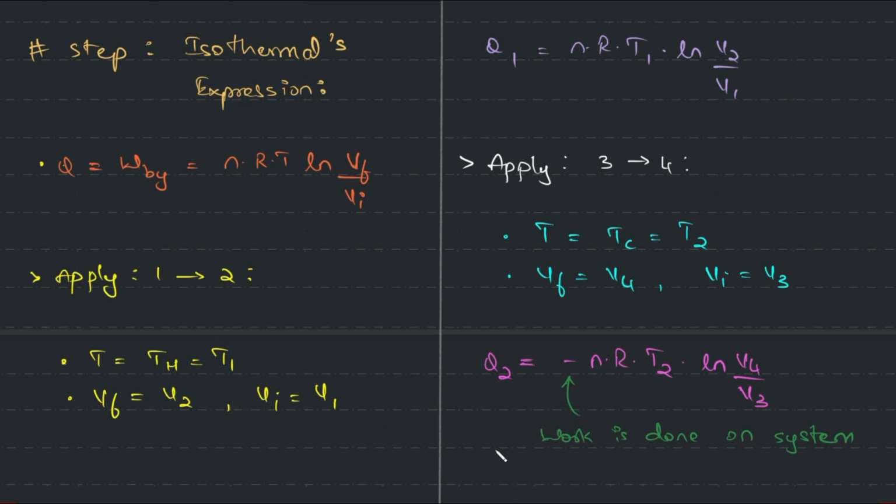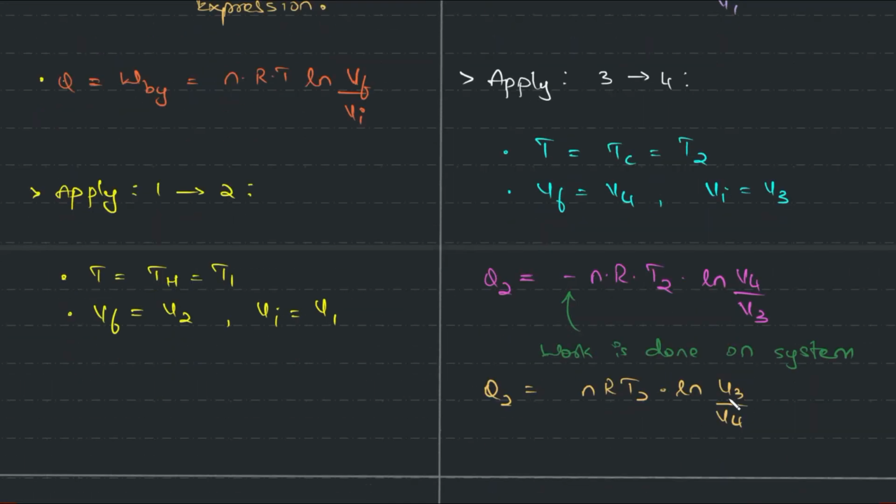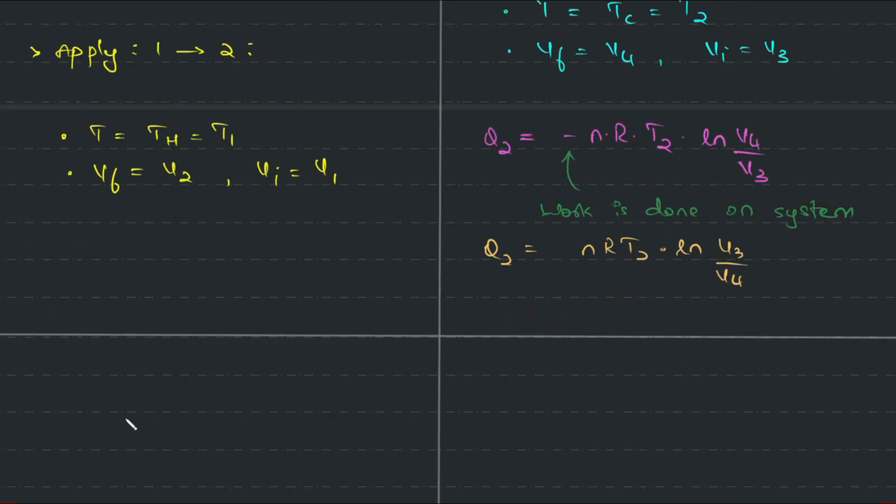So basically your Q2 will be equal to nRT2 natural log of V3 by V4. Again, this is a property of logs. So if you have a negative sign, this will flip. I can't go into the detail, but yeah.